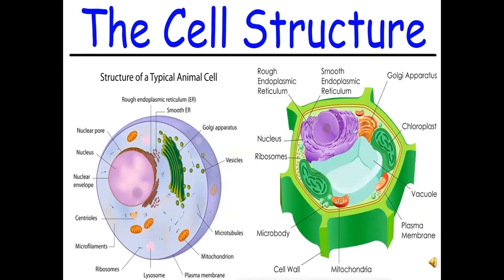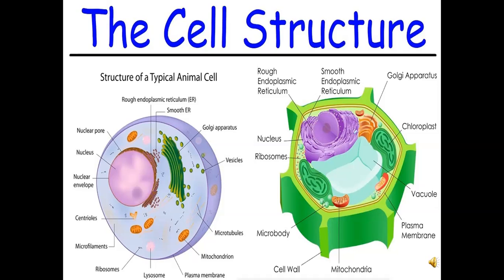Here we will see plant cell structure and animal cell structure. There are many organelles present in the cell. This is the structure of a typical animal cell, and the second picture is the structure of a typical plant cell. So there are the cell membrane, cytoplasm and nucleus.